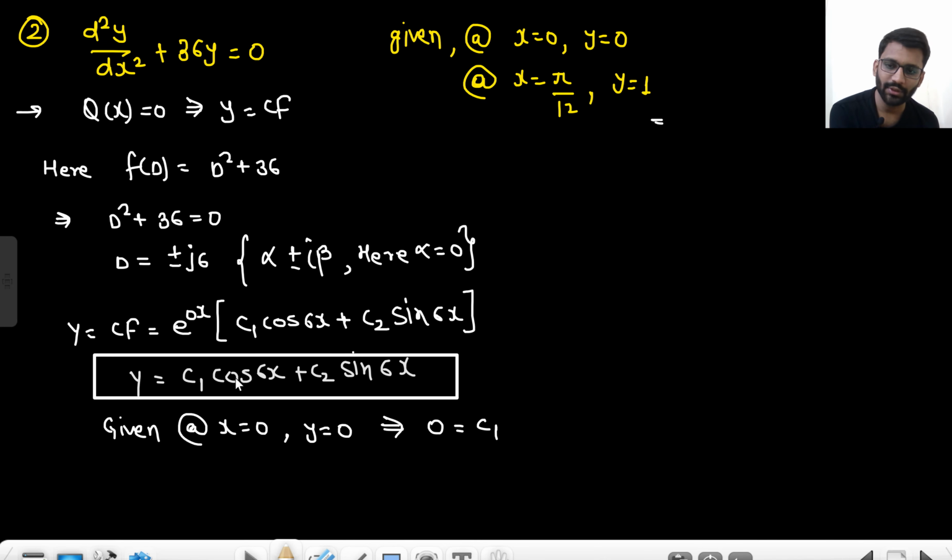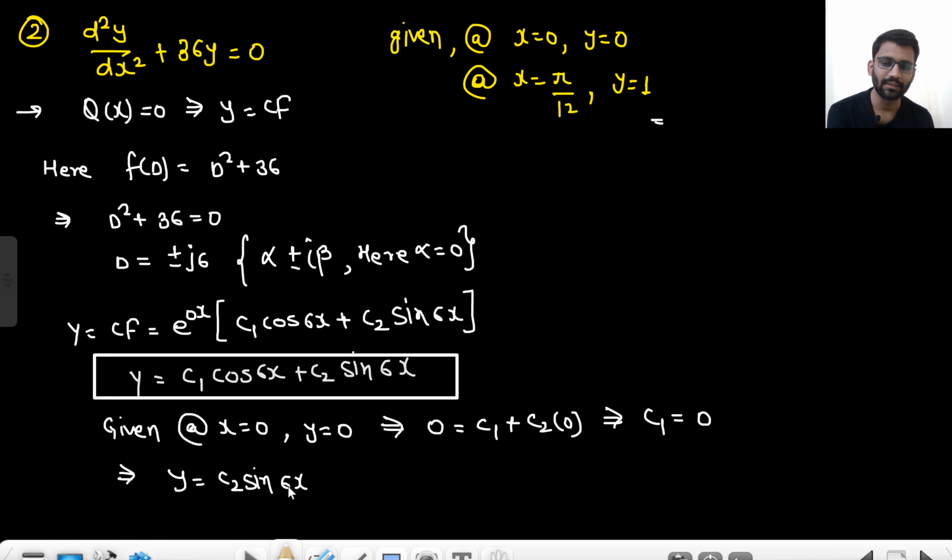If I put x equals to 0 here, cos 0 will be 1, and sin 0 will be 0. So that shows your c1 is equal to 0. Now your y is reduced to c2 sin 6x.